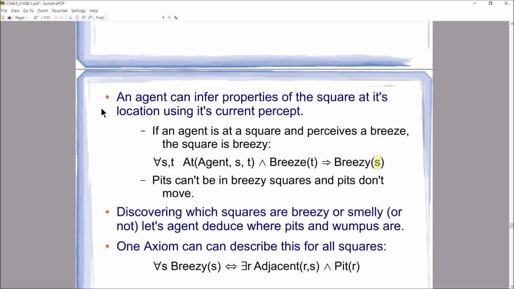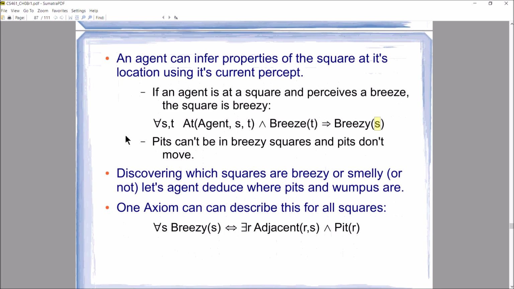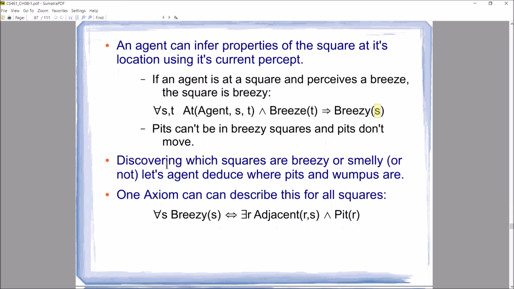Okay. Let's see here. Pits can't be in breezy squares. Pits don't move, so we don't have to have any additional sentences for that. So how can we state or deduce which squares are breezy or smelly or not? We can discover which squares are breezy or smelly by letting the agent deduce where those pits and wumpuses are.